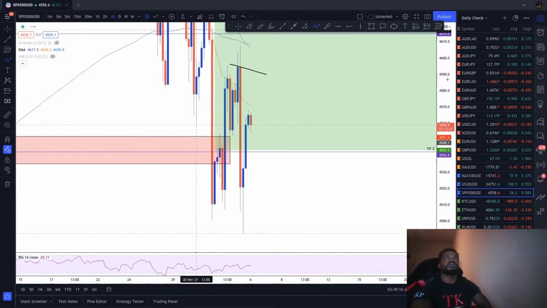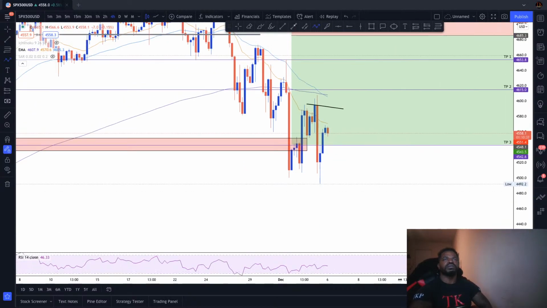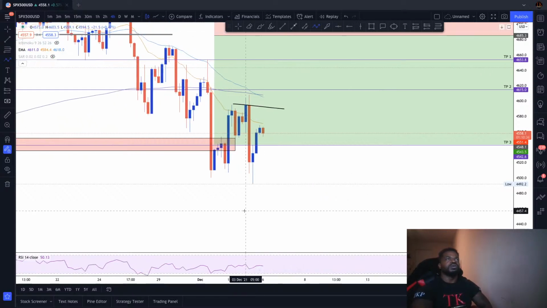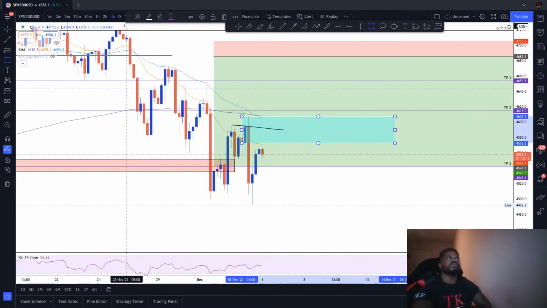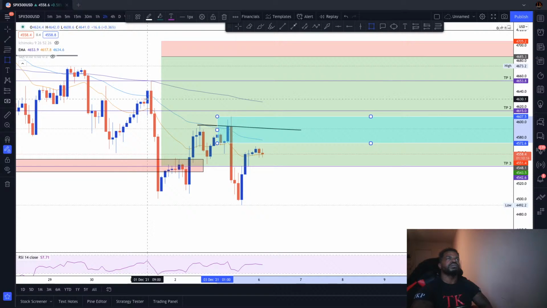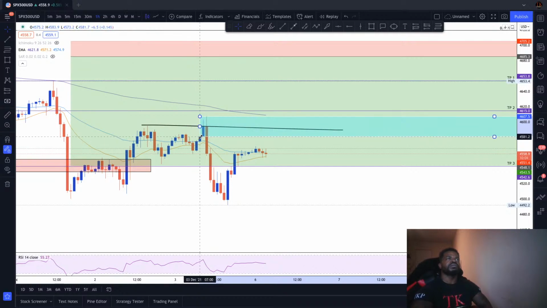S&P. We were looking for S&P to pull back to test this area. Okay.